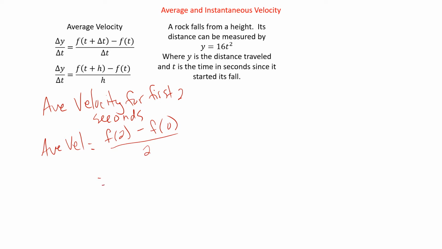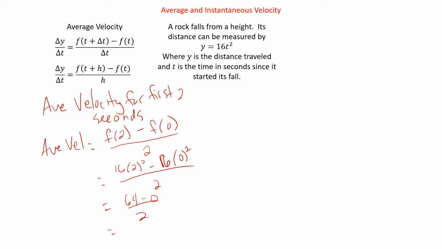So we'd plug in 2, we'd have 16 times 2 squared, minus plug in 0, 16 times 0 squared, divided by 2. 16 times 2 squared is 4, times 16 is 64, minus 0 over 2.